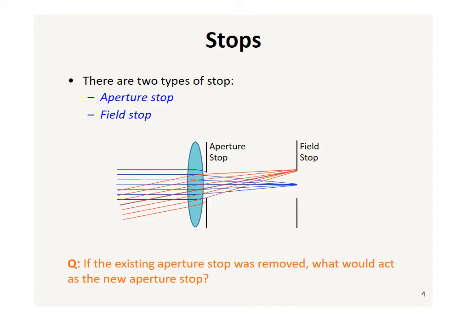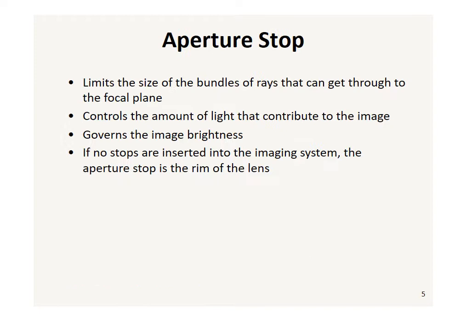If this aperture stop was removed, then the functional aperture stop is actually going to be the rim of this lens, because that is what is determining now the amount of light reaching the image.